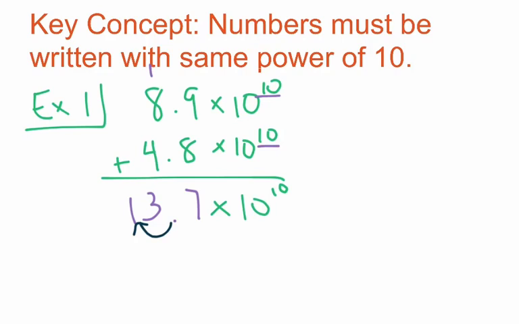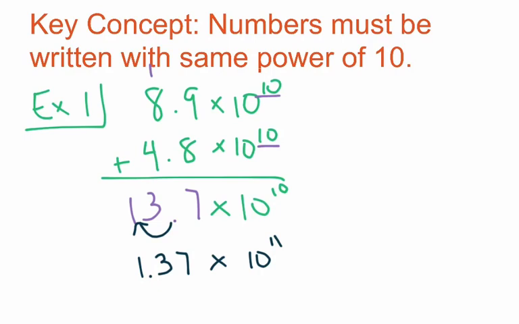That gives me a single digit number in front of the decimal. But I've changed my number in front from 13.7 to 1.37, so my number in front has gotten smaller. If we think of it like a teeter-totter or a seesaw, my exponent has to become bigger. So I end up with 1.37 times 10 to the 11th power.